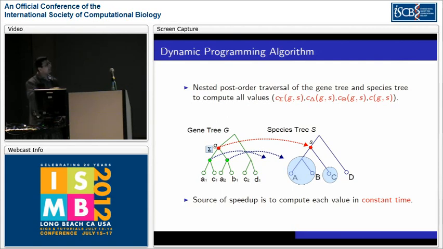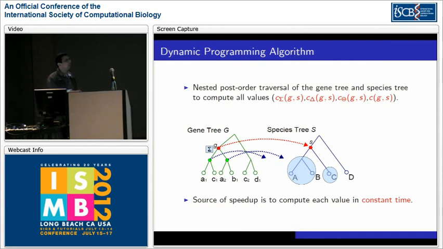So basically, the reason why you do this nested post-order thing is that suppose you want to compute C sub sigma of G and S, where this is G and this is S. By the time you are trying to compute this value, you know that you have already computed the values for both children of G. You know for this node all possible mappings to all possible nodes in the species tree.